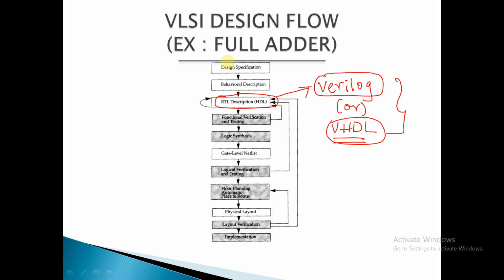Now this is the third step, and after this step, the next step is functional verification and testing. That is, for the code which you have written, you check whether its functionality is correct or not.